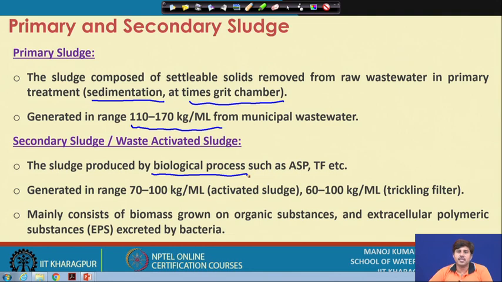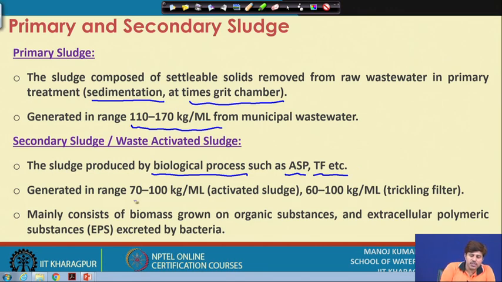The excess sludge is discarded at much larger intervals as opposed to the frequent daily disposal or continuous sludge withdrawal in aerobic systems. So, processes such as the activated sludge process, trickling filter, or various other extended aerobic processes generate a large amount of sludge or biosolids. They are typically considered secondary sludge or waste activated sludge.